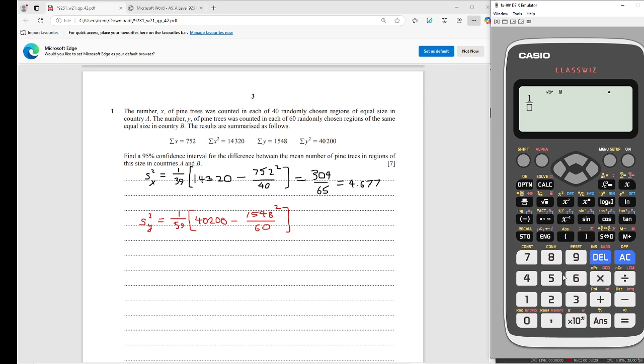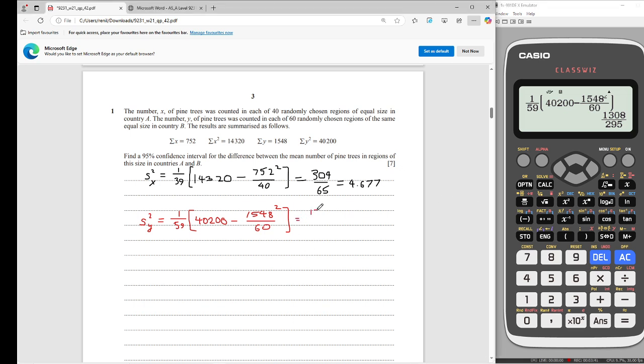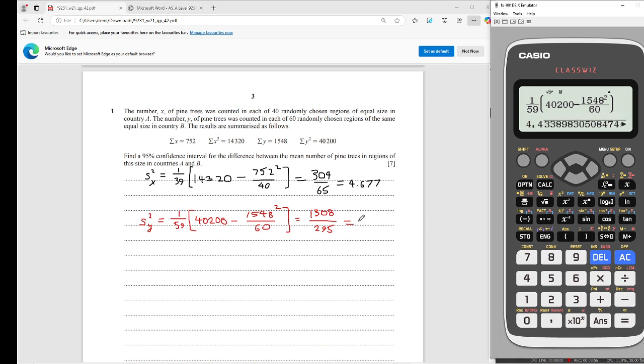So 1 by 59, then we have 40200 minus 1548 squared over 60, which is 1308 over 295, which is equal to 4.434.